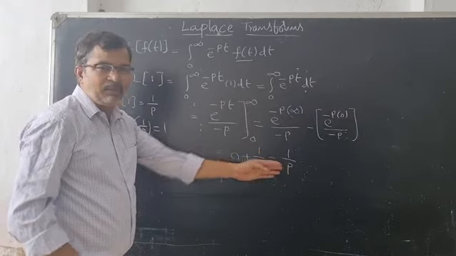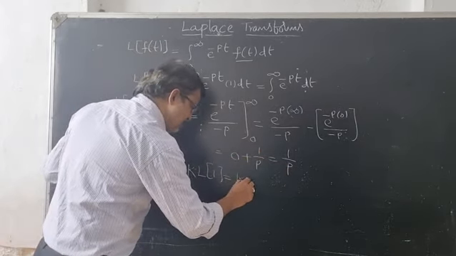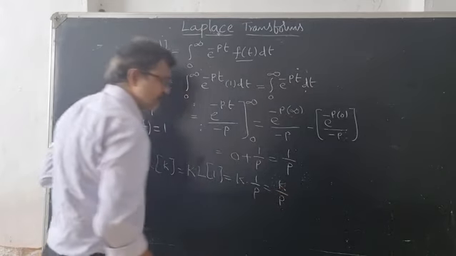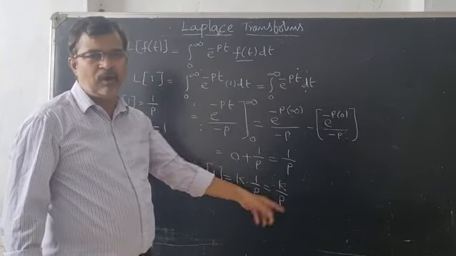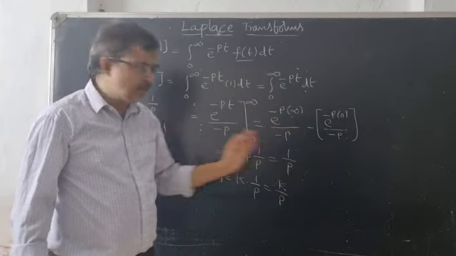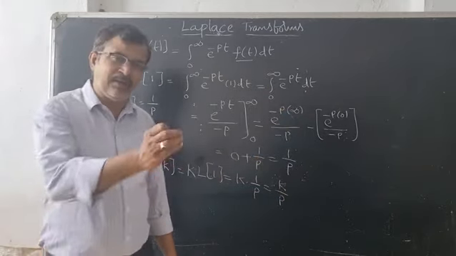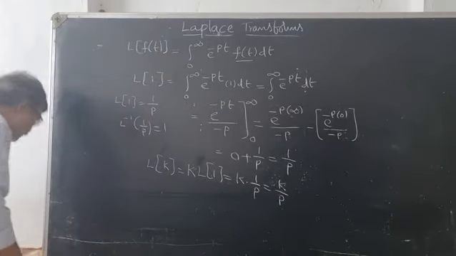We know the value of Laplace of 1, which is 1 by p, so k into 1 by p becomes k by p. This is one result: Laplace of 1 is equal to 1 by p and Laplace of k is equal to k by p.